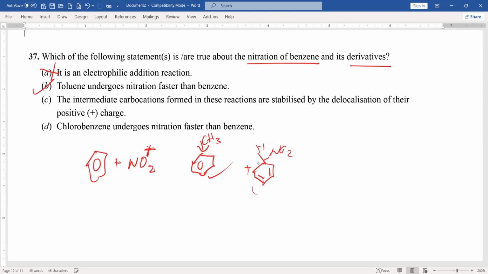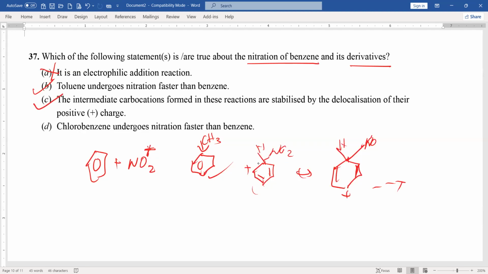And it will be delocalized because of these resonance structures. Like this. So you can write that it is stabilized by that.